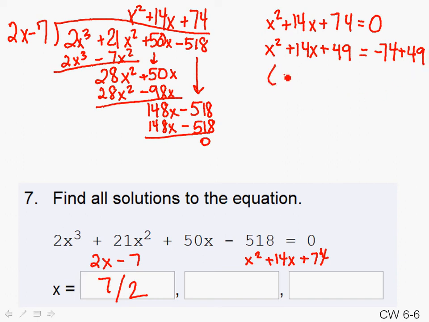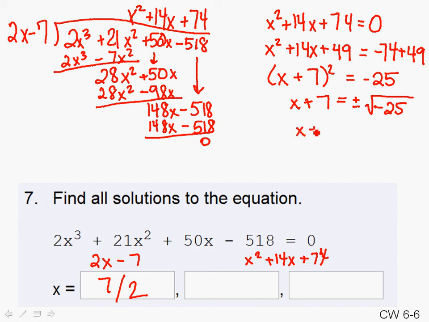So this becomes x plus 7 squared, because we made this a perfect square, and on the other side, we have negative 25. If I square root each side, I get x plus 7 equals plus or minus the square root of negative 25. The square root of negative 25 is 5i.